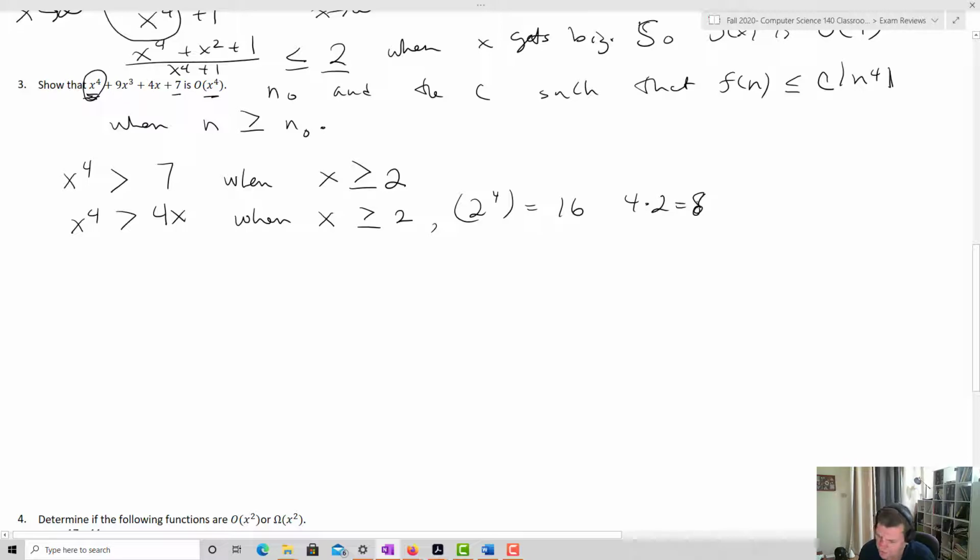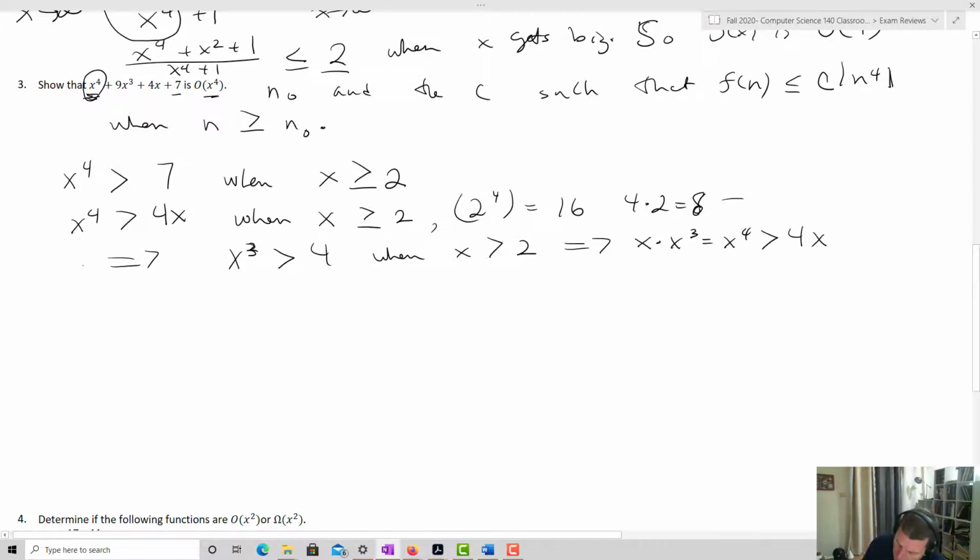Another way to do this is to see that x cubed is greater than 4 when x is greater than 2. Then we multiply both sides by x, and x times x cubed, which equals x to the fourth, is thus greater than 4x. So that's another method of showing something like this.